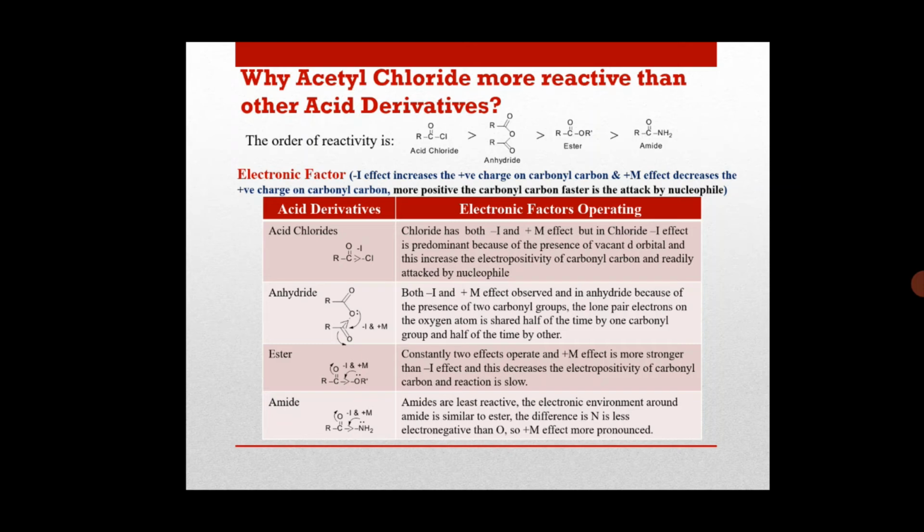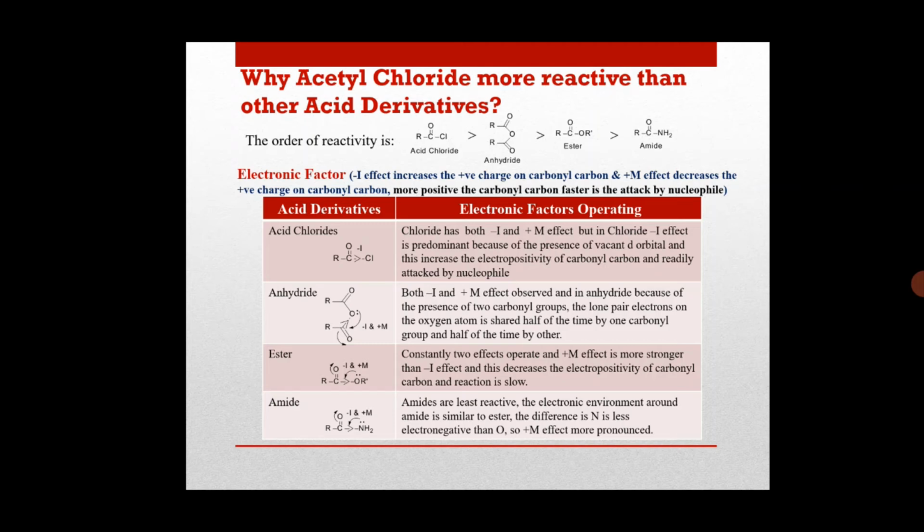Let's look at the amide molecule. Amides are least reactive. Why? The electronic effect around the amide is similar to ester. But still, why is ester more reactive than amide? Let's see. The difference between amide molecule and our ester molecule is that here the lone pair is present on nitrogen. Nitrogen is less electronegative than oxygen.